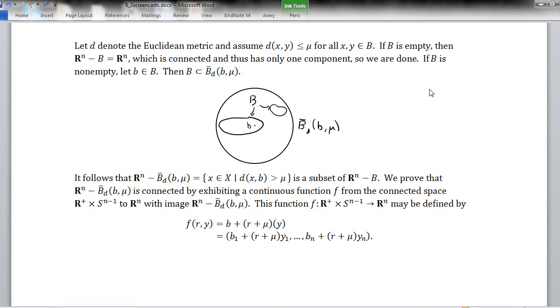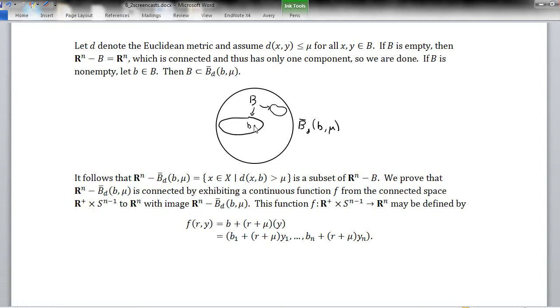Now we can assume that B is non-empty, and just to get a handle on it, let's pick a point in it. Here B has these two little pieces, and I'm going to pick a point b in there.